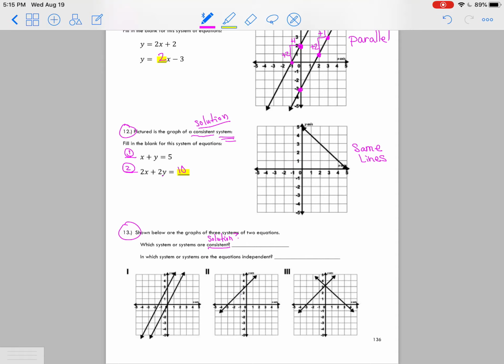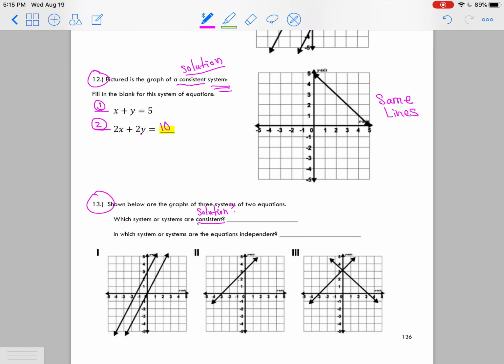If it does have a solution, then there is some sort of intersection, right? Parallel lines don't intersect, but we have lots of intersections in number 2. It's the same line. And we have this one intersection here in 3. So we would say that 2 and 3 are consistent.